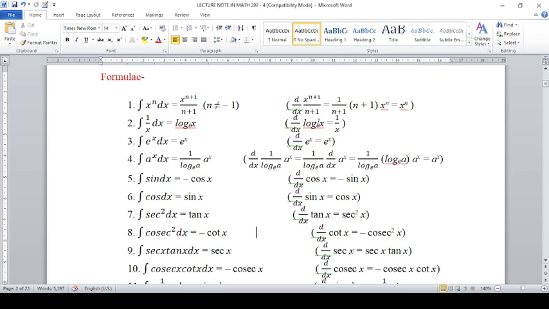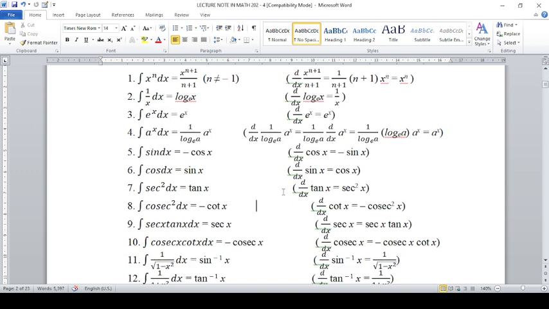The derivative of log x, when base is e, is 1 by x, and integration of 1 by x is log x to the base e. d/dx of e to the power x is e to the power x, and integration of e to the power x is e to the power x. So this is the derivative formula and these are the integration formulas. We should know these values.